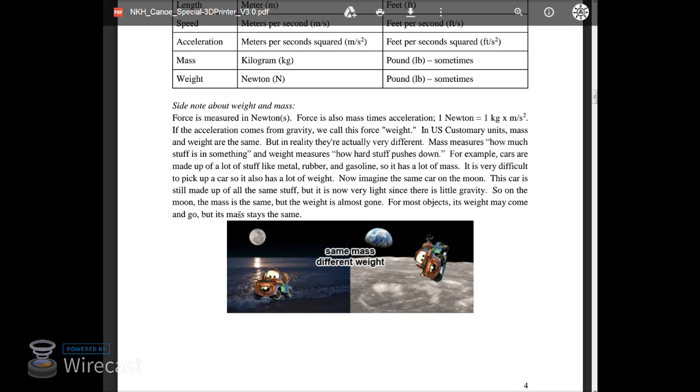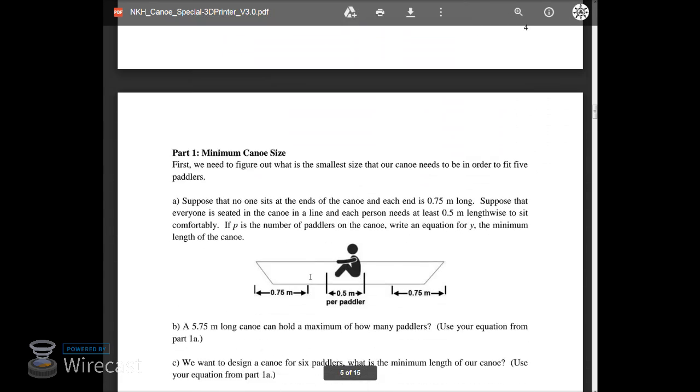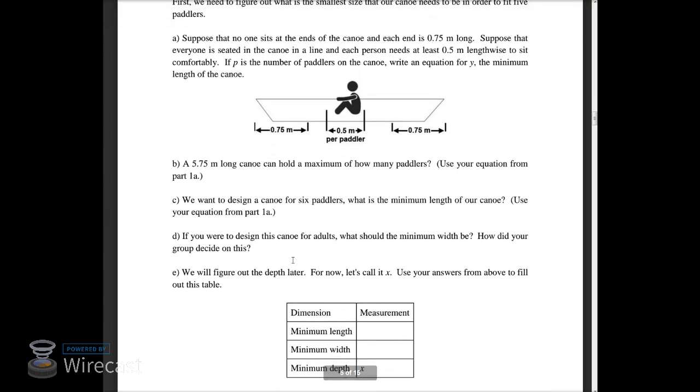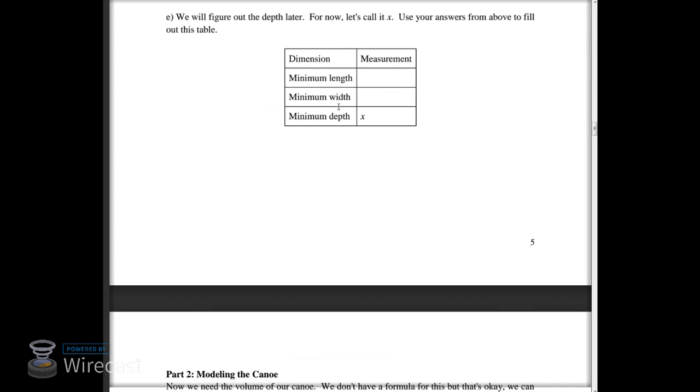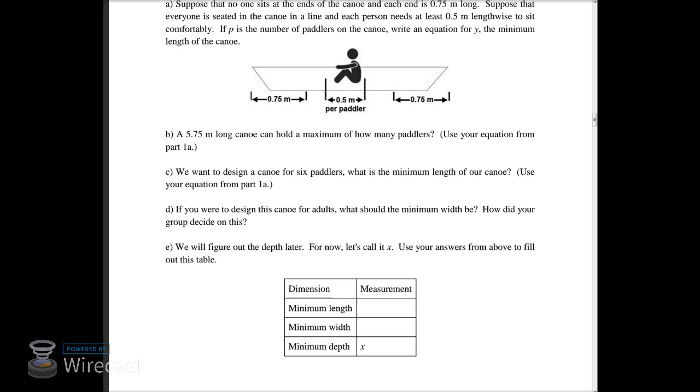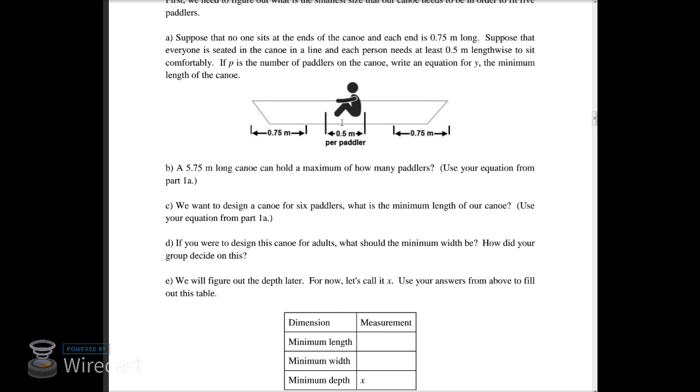So the first part will be talking about units. In the second part, they will be writing an equation describing how long the canoe must be to fit 6 paddlers. So the paddler needs this much space and the ends need that much space.